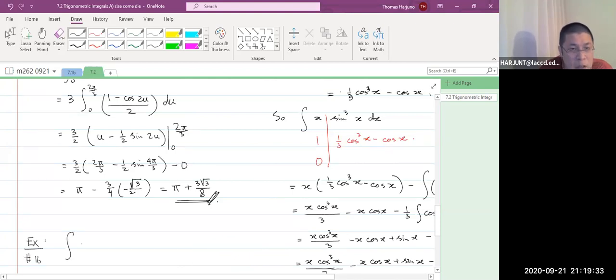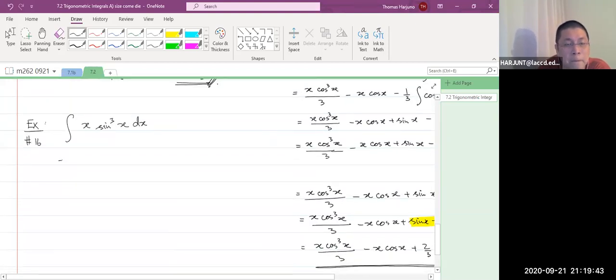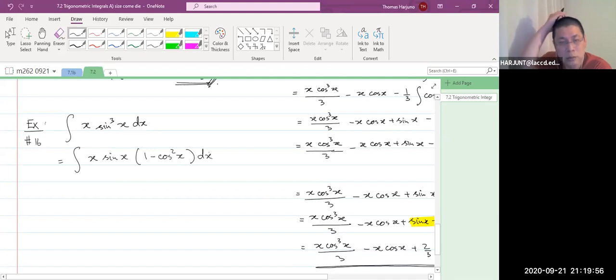This is the integral of x sine cube x dx. I will make it the integral of x sine x times 1 minus cosine squared x dx. I wonder if that helps more.